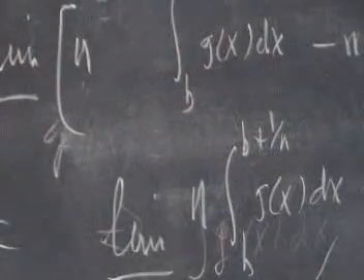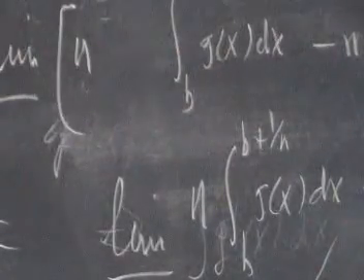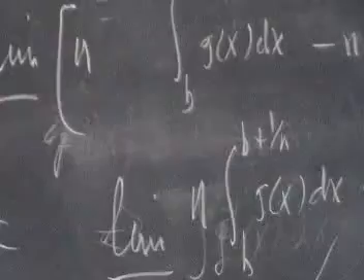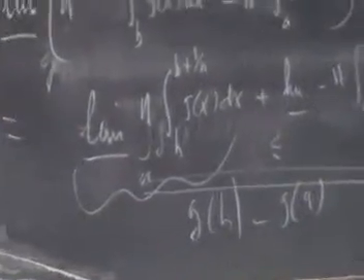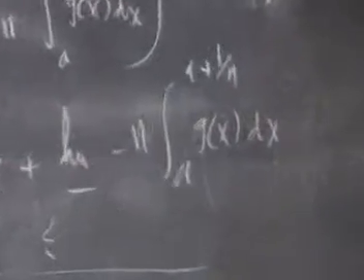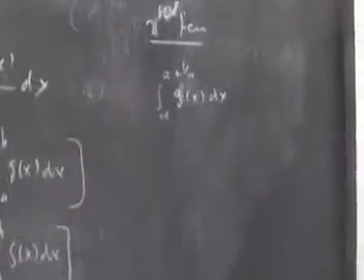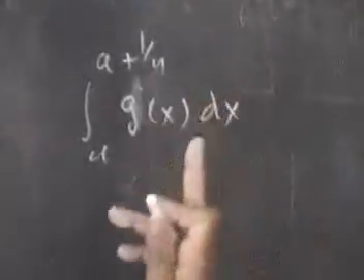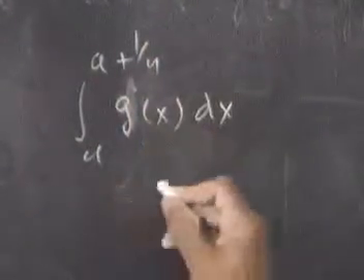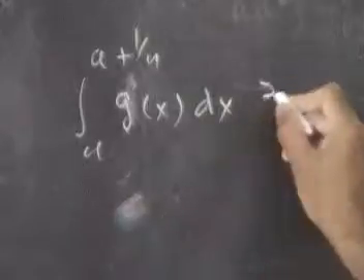Now, let's look at the second term. First of all, consider the integral from A to A plus 1 over n of G(x) dx. Now, G is non-decreasing. So the smallest value is G(A).